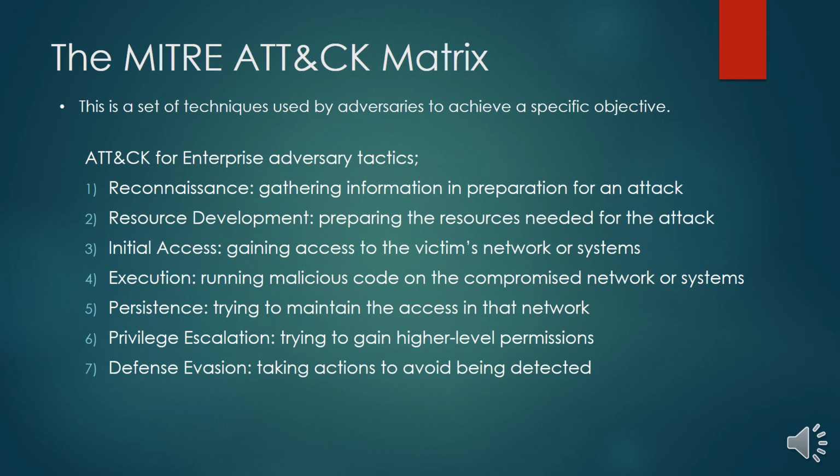This can be done by leveraging a vulnerability to elevate access. And the next one is defense evasion, taking actions to avoid being detected. The attacker will use trusted processes to hide malware.